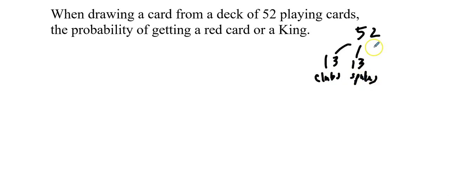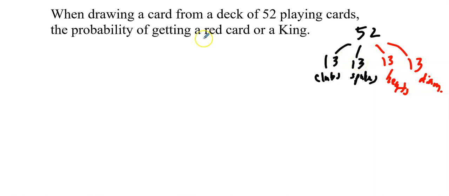And then there are two suits that also have 13 cards each in them. One of them you may know is hearts, and one of them is diamonds. Hearts and diamonds are red, and clubs and spades are black.